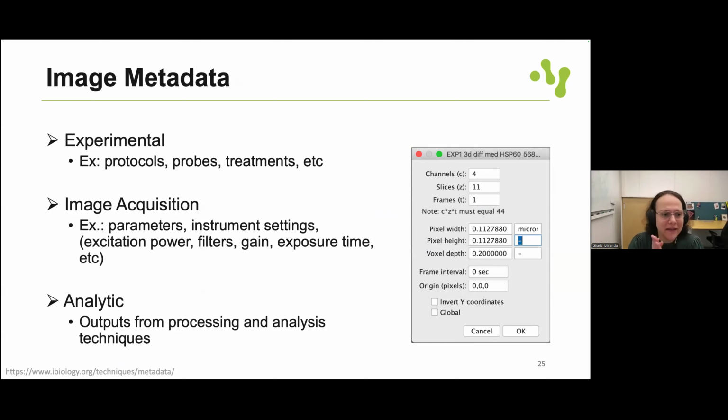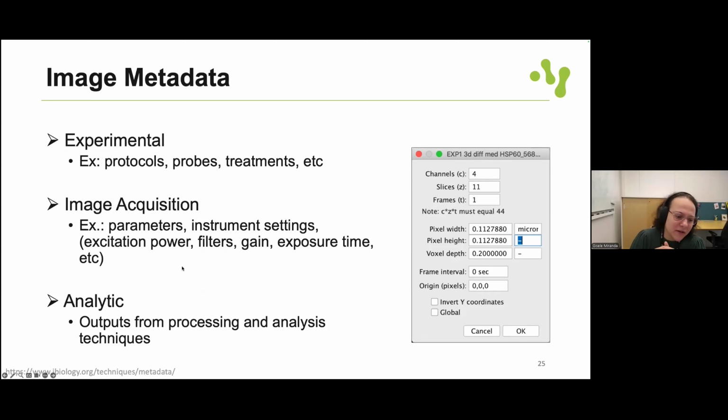Also, understanding metadata is very important. From the raw data, you can access metadata information which corresponds, for instance, to things related to the experiment, like protocols, probes, treatments, or the image acquisition, so parameters, instrument settings, and so on.